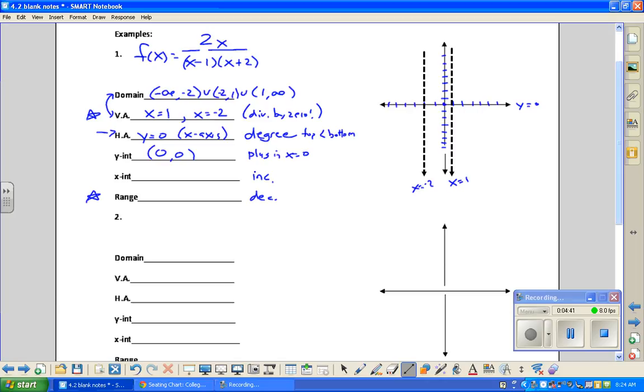Likewise, for the x-intercept, I want to know where does the numerator equal 0? When does 2x equal 0? Yeah. So that one point is the only place that it crosses both the x and the y-axis, the origin. So it passes through the origin, but nowhere else.